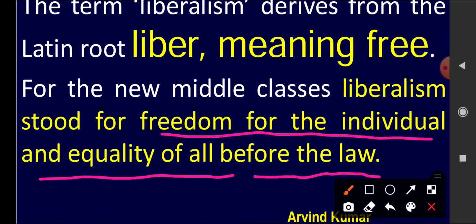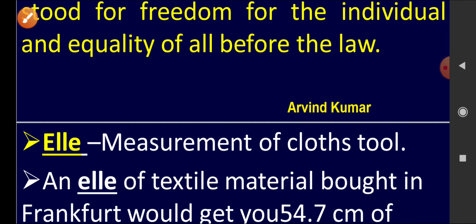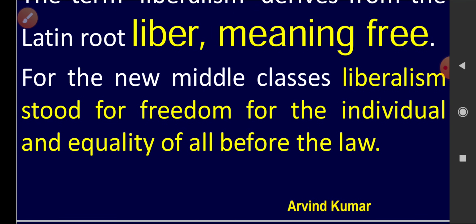Economically, it stands for economic freedom, where people are given the right to do free trade without any restrictions, without any jurisdictions, and they can trade freely in any part of the country. Then comes social liberalism, which means in society there is no discrimination on the basis of caste, color, gender, etc.